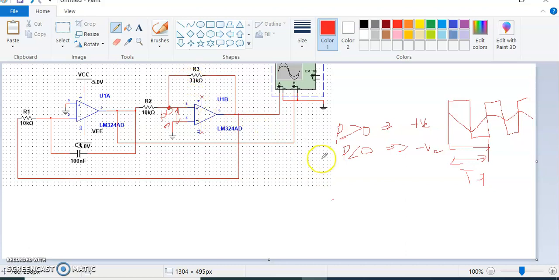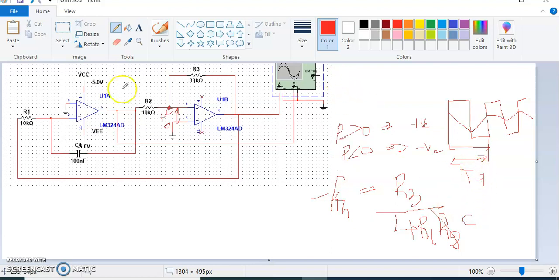The theoretical expression for the frequency of the generated output, f_th, is equal to R3 divided by 4 R1 R2 C, where R3 is the feedback resistor, and C is this 100 nanofarad capacitor.